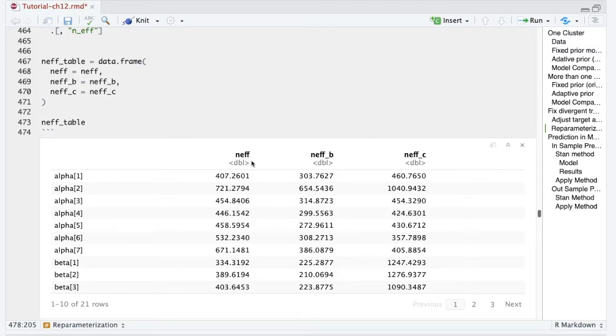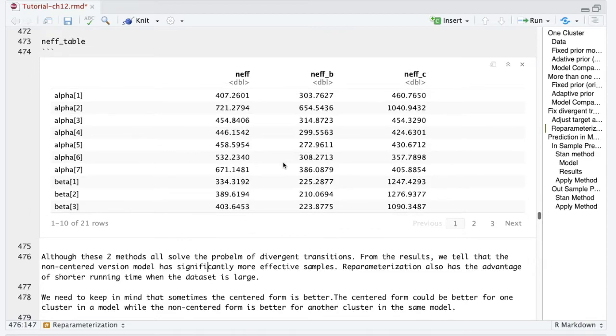The key takeaway is that you have to be familiar with different kinds of parameterization. So when one of them doesn't work, you can switch to another form, and hope for a better result. This example is the simplest way to do reparameterization. In the next chapter, we will have some more complicated examples, so you will gain more skills doing parameterizations.